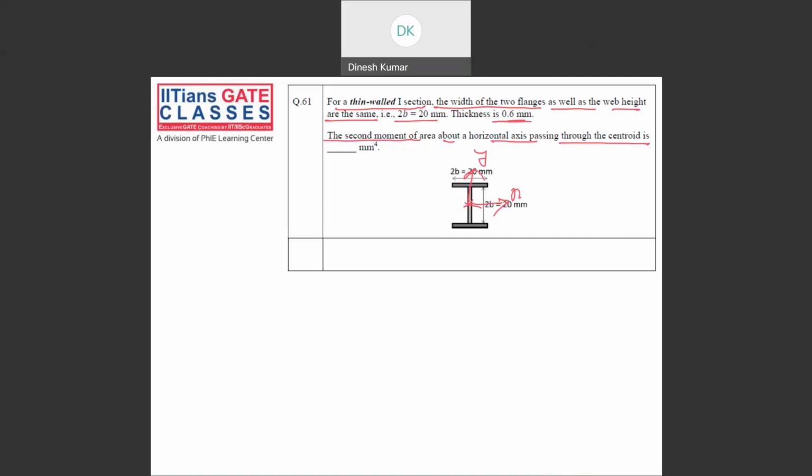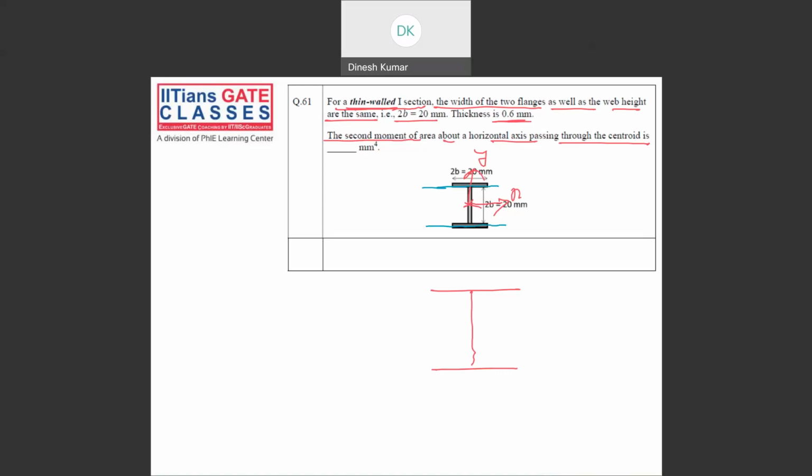Now, the first thing when they say thin wall, you have to do idealization on the mean line. When you do idealization on the mean line, the height will increase, because the given section is a thick wall, so you have to pass through the midline.